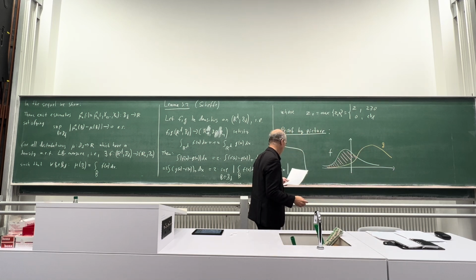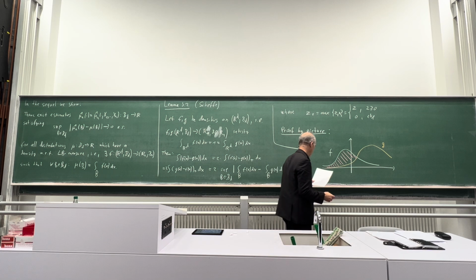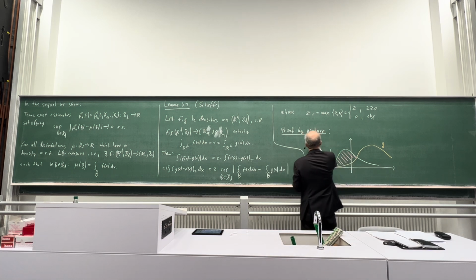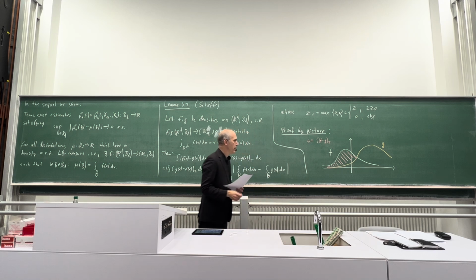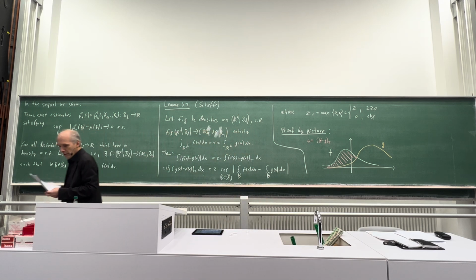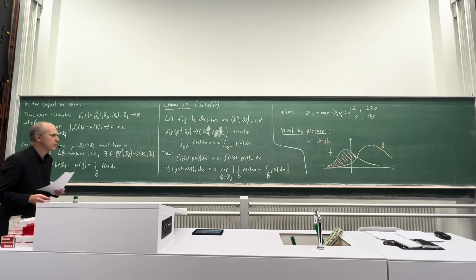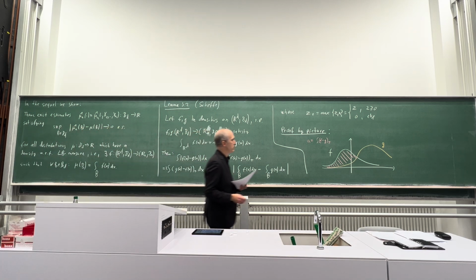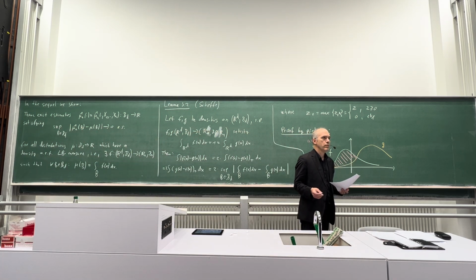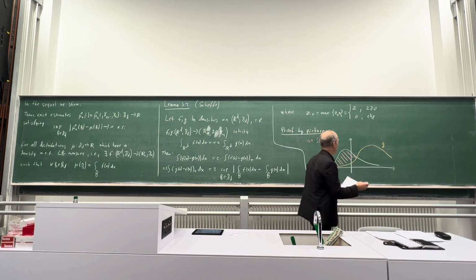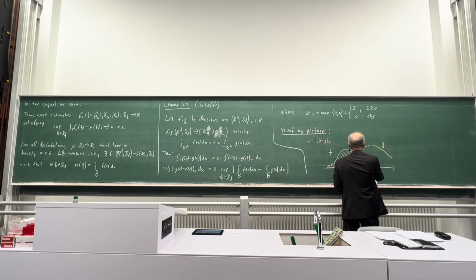So that's basically the integral of f minus g plus, marking this way. And then by symmetry you immediately see the integral over g minus f plus must be this area.